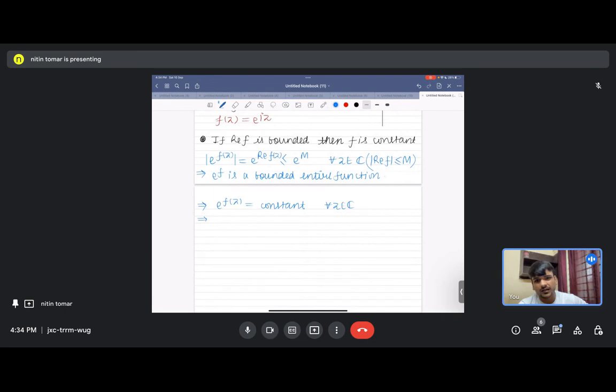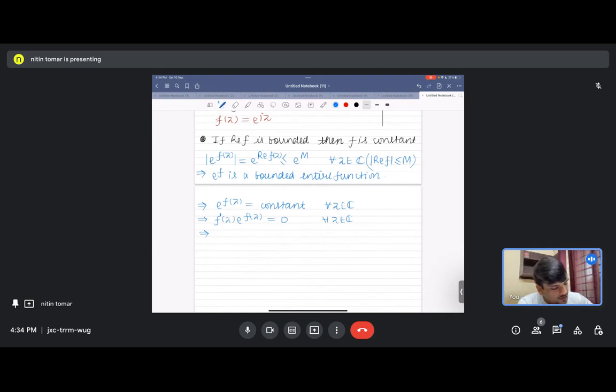And how do we prove it? You just take the derivative on both sides. So what will be the derivative? It will be f'(z) e^(f(z)) equal to 0. Yes or no? Because you cannot take the logarithm directly. In complex analysis, logarithm is a very dangerous function.